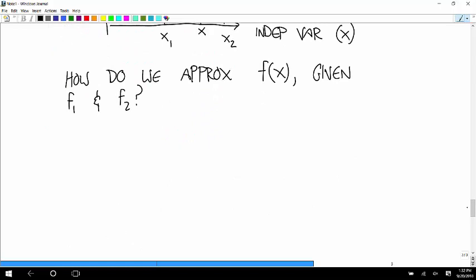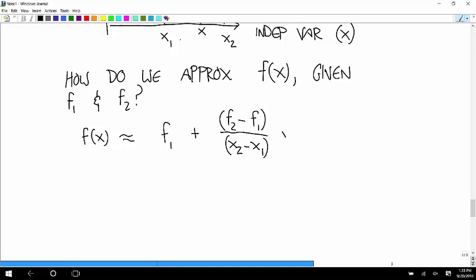And so the formula we're going to use is that our f of x approximation is going to be approximately equal to f1 plus the quantity f2 minus f1 divided by the quantity x2 minus x1 times delta x.